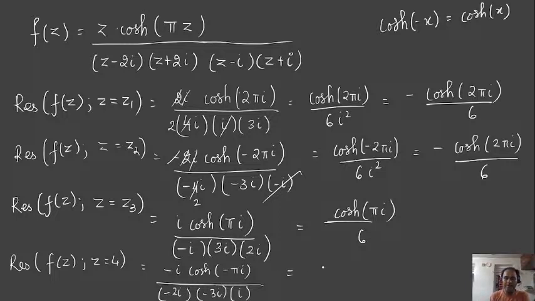So here you have cos h pi I, 2 into 3 is 6, I square is minus 1, and minus and minus makes it plus, so I is also getting cancelled, so again here this is 6. So you handle this accordingly, and your 4 residues are available with you, you substitute them, you get your answer.